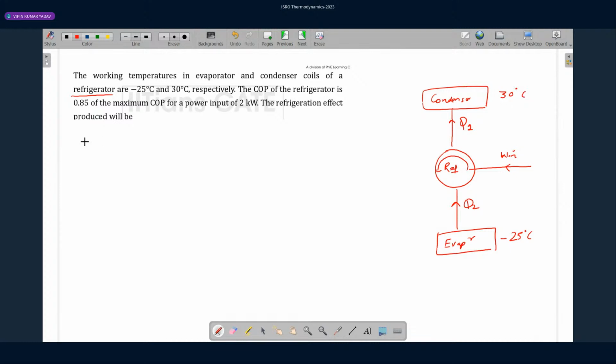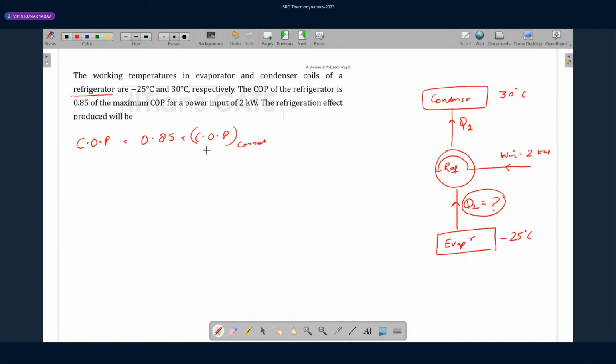The COP of the refrigerator is 0.8 of the maximum or Carnot COP, and the work input is 2 kilowatt. This is the refrigerating effect, which is what they are asking.